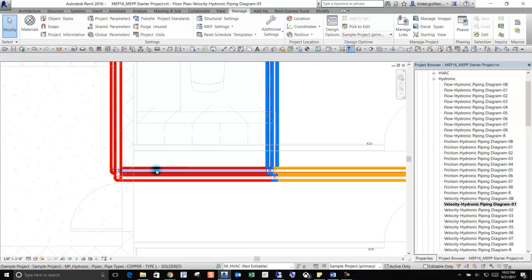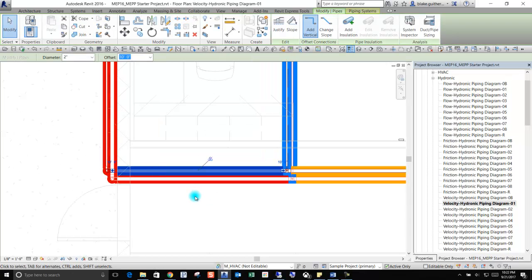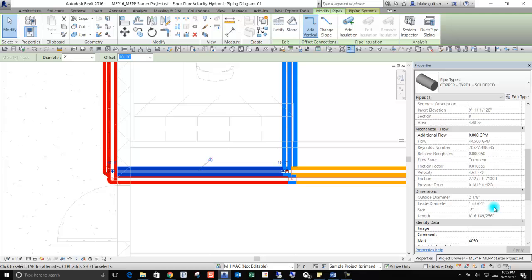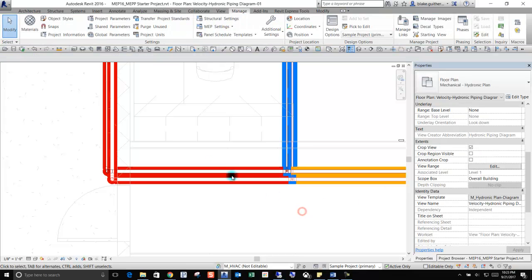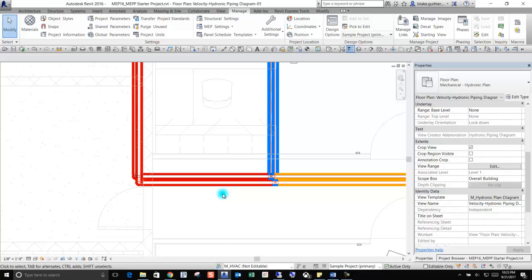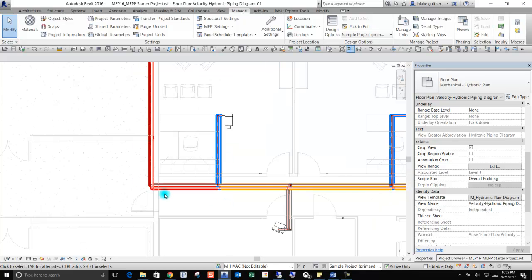So in this case, even though this pipe is indicating that we have 44.5 GPM, if the pump is sized for a block flow below this, then you don't need to upsize this pipe. So you're sizing it just based upon your block flow. It'd be nice if Revit or Autodesk in time adds a design flow to a piping system or a block flow, so you can see that in addition to total connected flow.